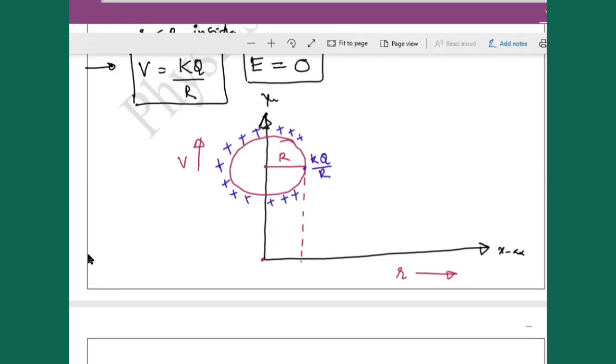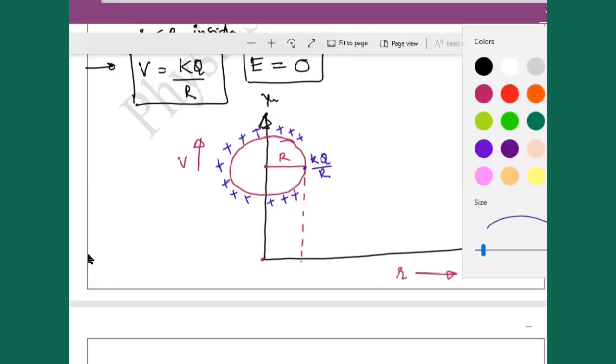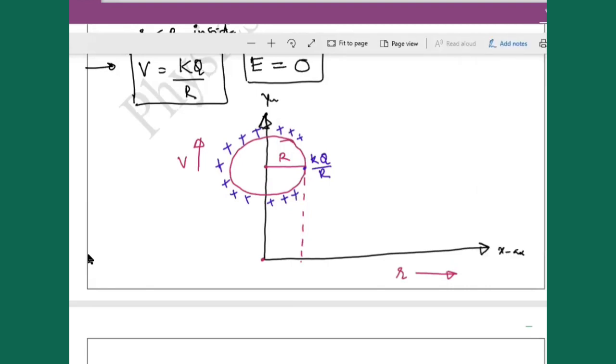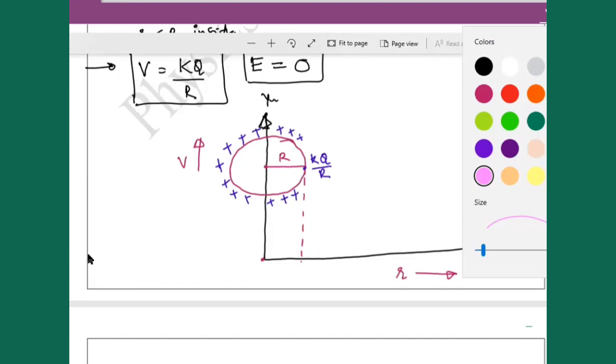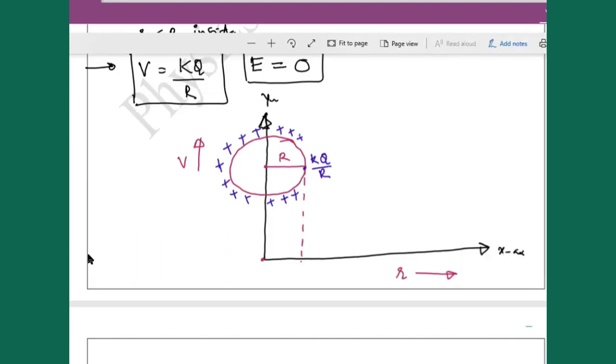So if I want to plot the graph here, it will be the same, because it remains constant, which is nothing but kQ divided by R. Then as I am moving away from it, it is going like this.